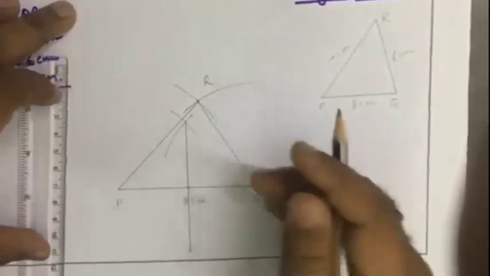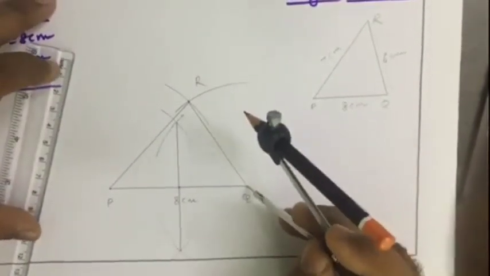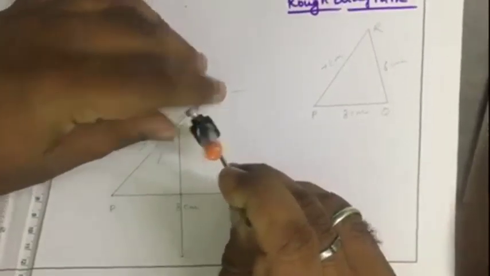Okay, can you understand? First we drew the perpendicular bisector of PQ. Then second, take side QR.